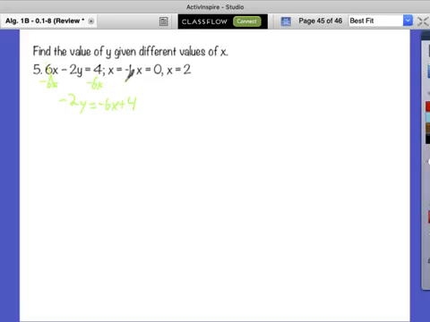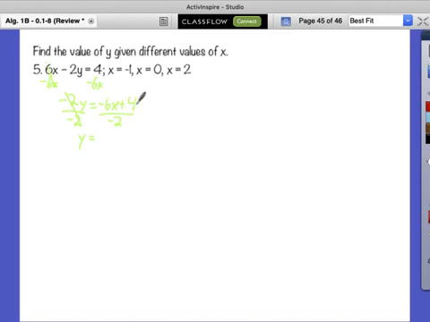Is y by itself yet? No, what's still happening with it? We multiply by -2. How do we get rid of this multiplication? Divide by -2. -2 divided by -2 is 1, so we have y. Now wait a second. When we divide by -2 here, does -2 go into both -6 and 4?